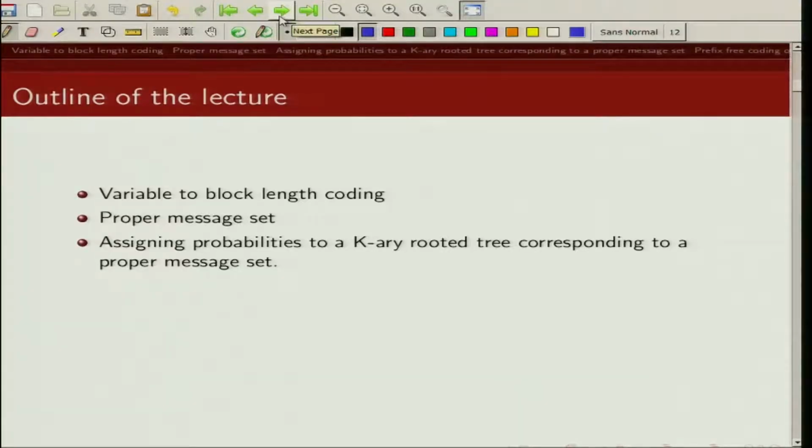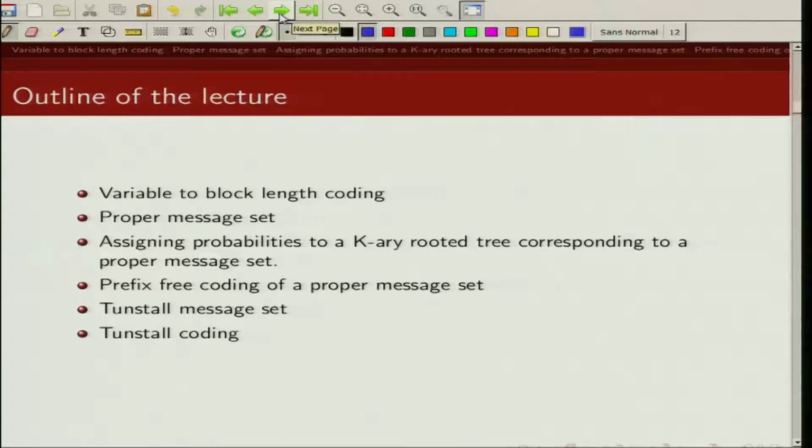We'll describe what we mean by a source parser known as a proper message set, and then we will talk about how to assign probabilities to a rooted tree. This we will use to obtain bounds on expected code word length. We will also talk about how to do prefix free coding of a proper message set.